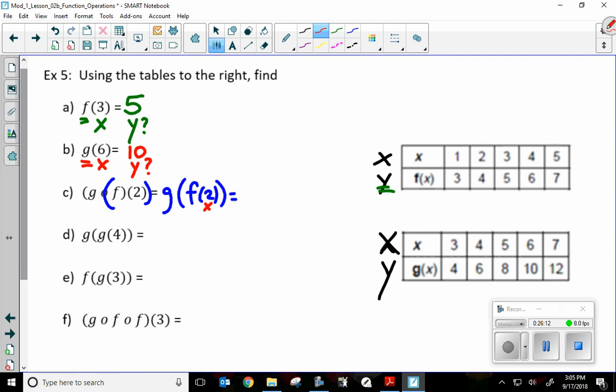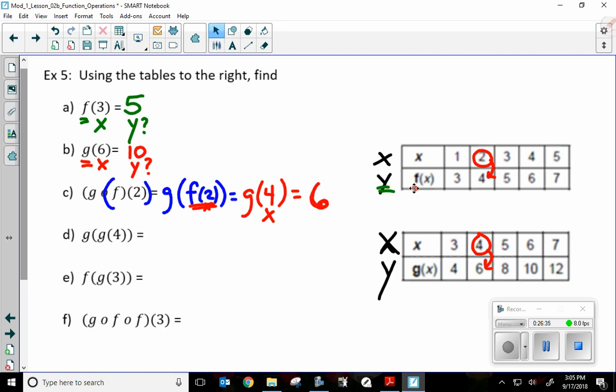Okay, when my x is 2 in my f function, my y is 4. So that's like saying g of 4. How come? Because f of 2 is 4. Well, when my x is 4 in my g function, it actually equals 6. There you go.